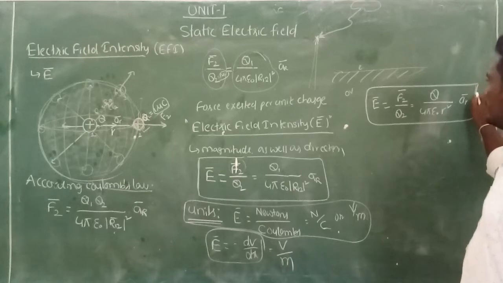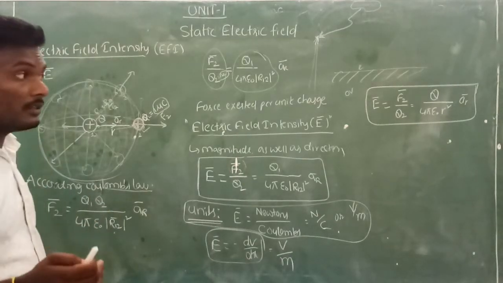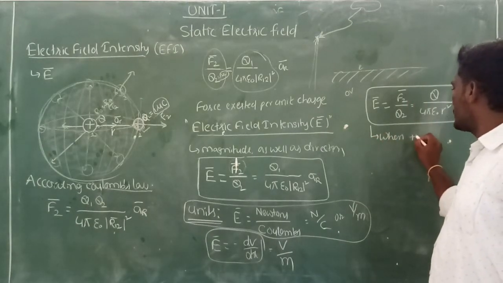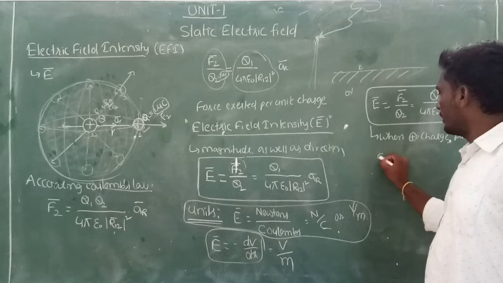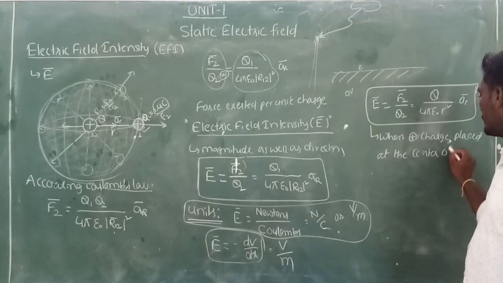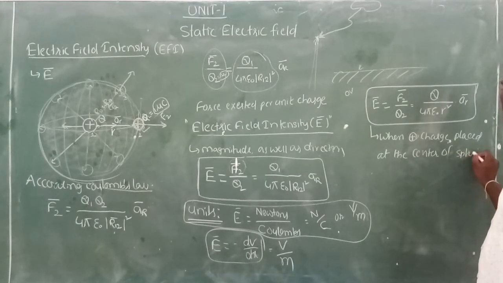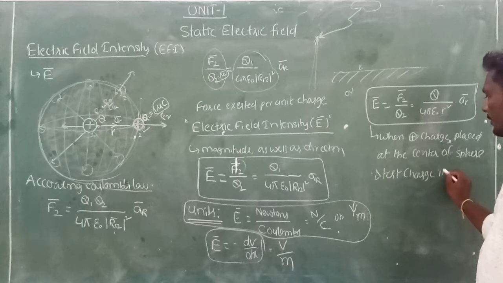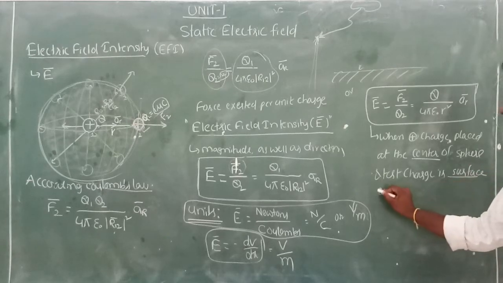This is the electric field intensity expression when my positive charge is placed at the center of the sphere, at the origin, and the test charge is on the surface of the sphere.